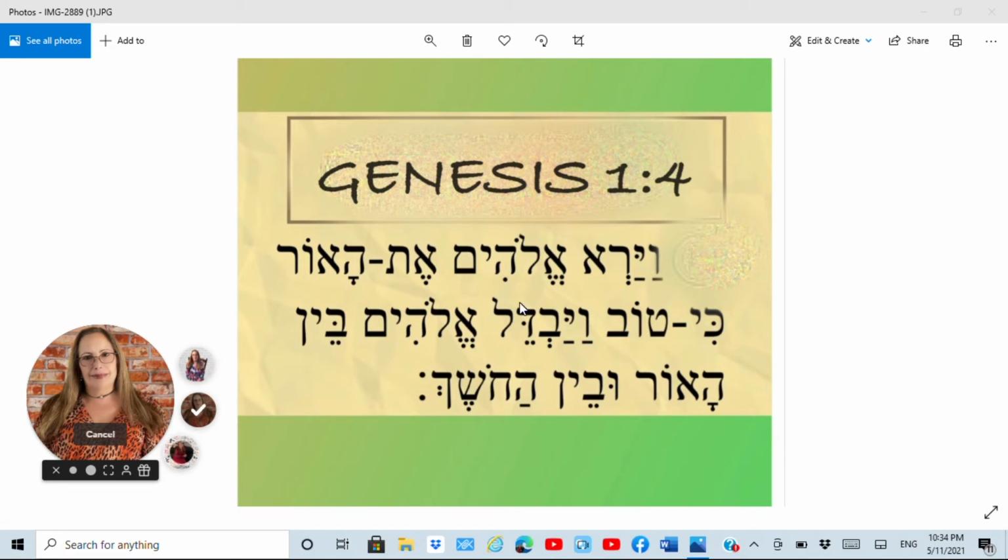Okay. This one here is called kamatz katan. Let's see if there's any other that have not been repeated. Okay, we did this one, segol and tsere. Tsere.